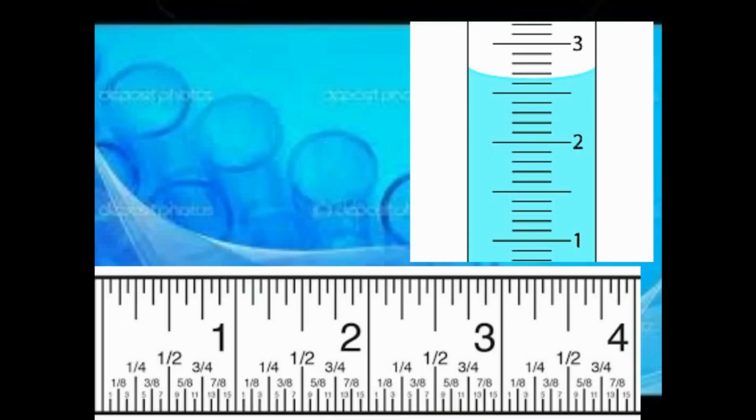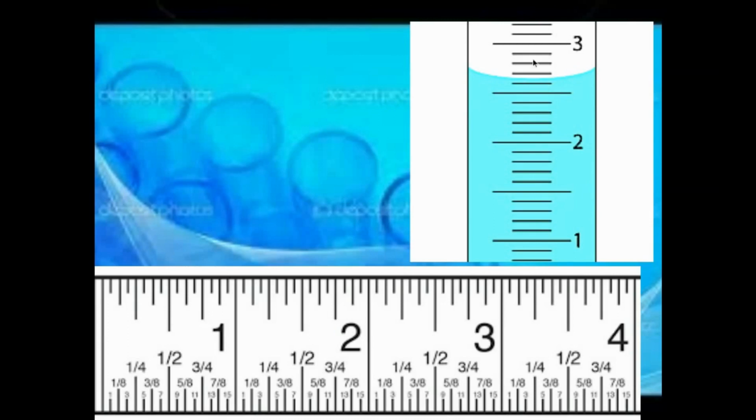If we look at these different rulers, we can kind of see that if we were to give the measurement for the top ruler here, this is probably a liquid in a graduated cylinder. We could say that it's somewhere between the 2 and 3, probably 2.5, 2.6. So it's 2.6 for sure.